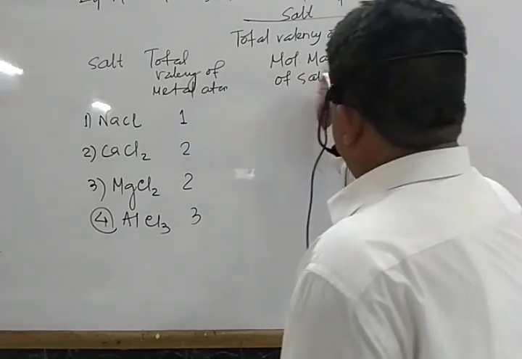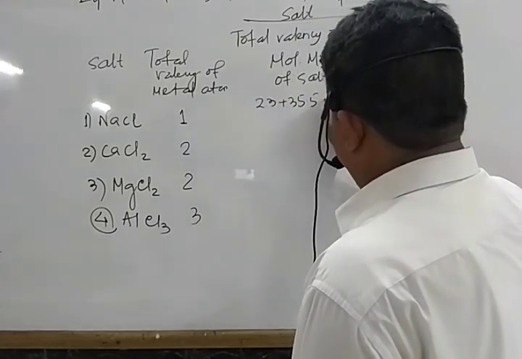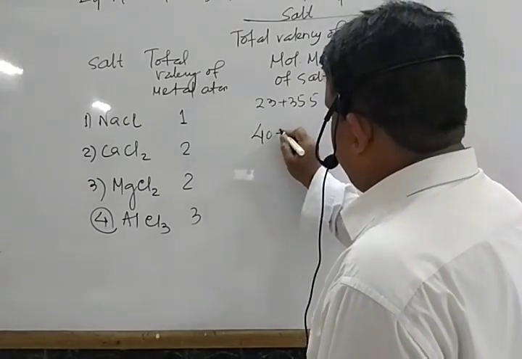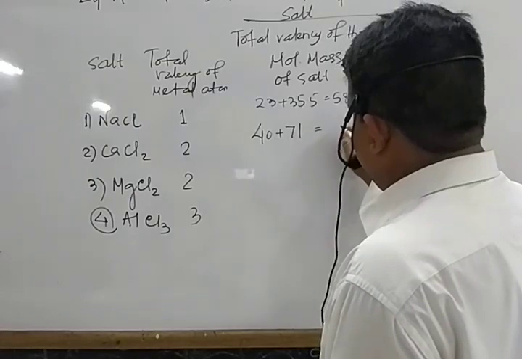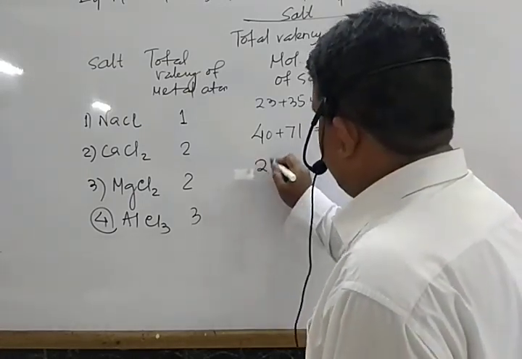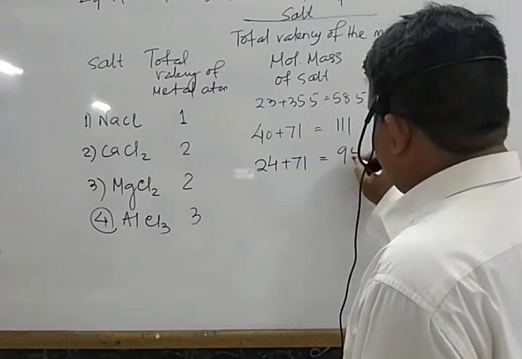Here the molecular mass: 23 plus 35.5 is equal to 58.5. It is 40 plus 71, that is 111. That is 24 plus 71 is equal to 95.